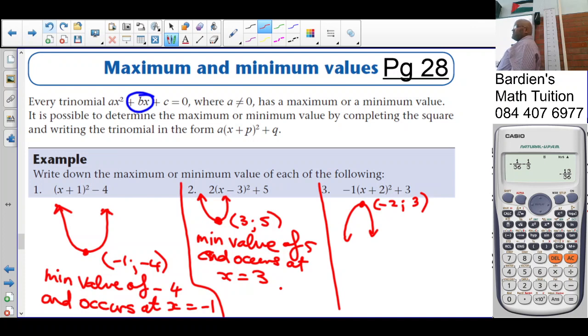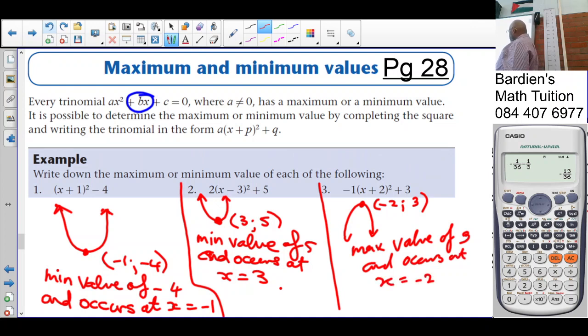So we said there's going to be a minimum or maximum? There will be a maximum value of 3 and occurs at x equal to? Do you all understand? Okay, let's just draw the graph for you quickly.